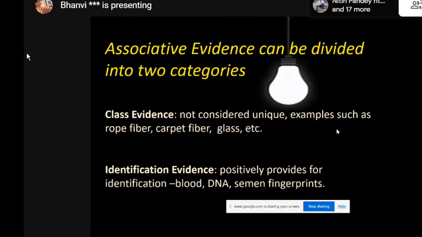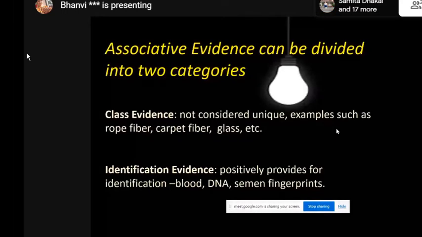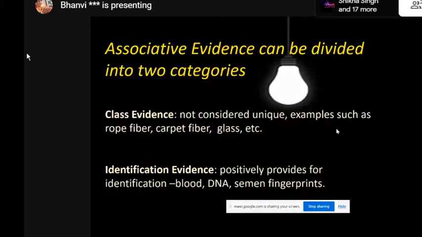Associative evidence can be divided into two categories: class evidence, not considered unique, with examples such as rope fiber, carpet fiber, glass, etc., and identification evidence, which positively provides for identification: blood, DNA, semen, fingerprints.